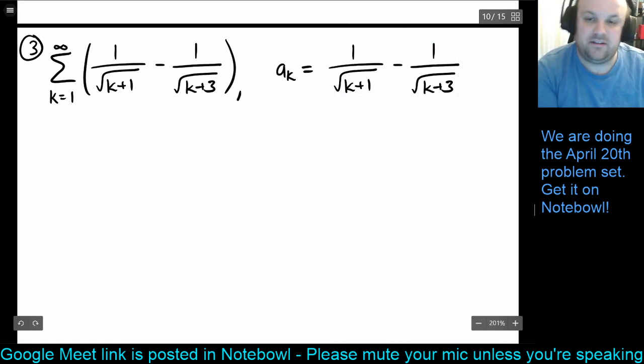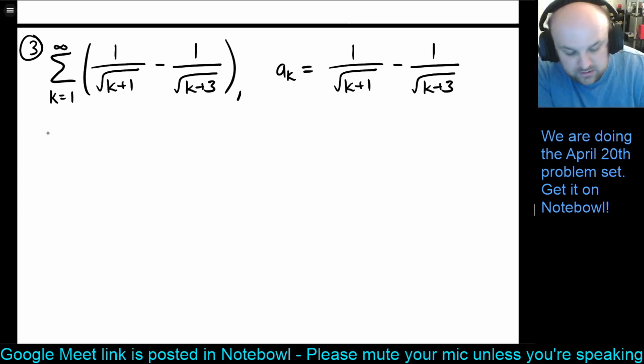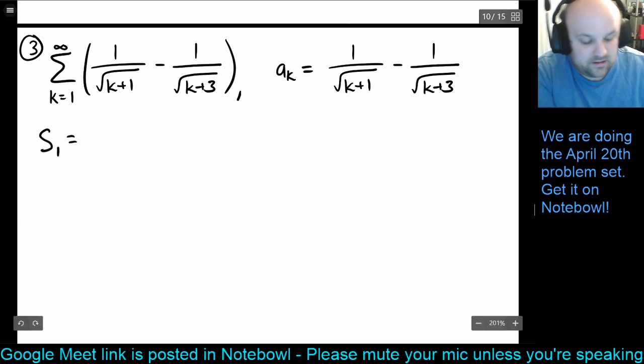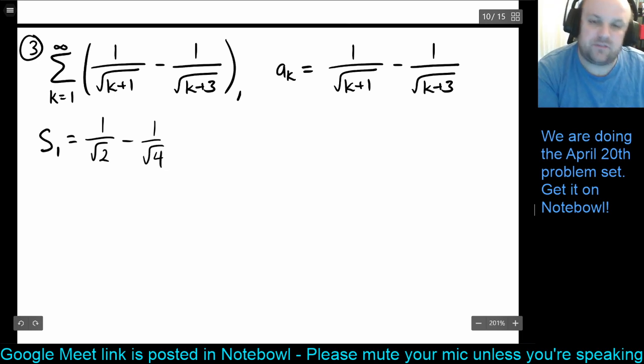Right, and let's start our adventure with the partial sum here. So S1, if we plug in 1, we're going to get 1 over square root of 2 minus 1 over square root of 4. Yes, 1 over square root of 4 simplifies. Let's not do it.